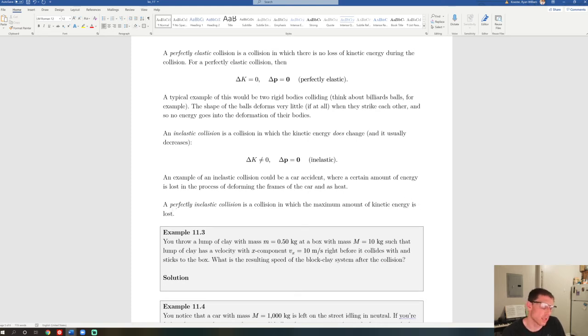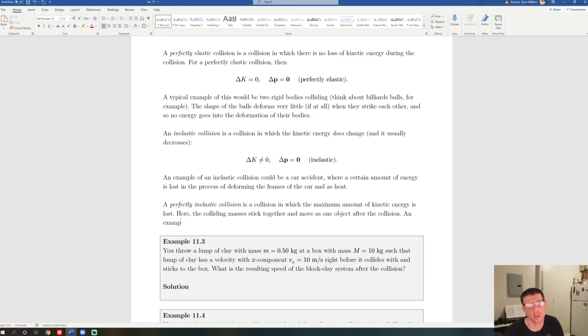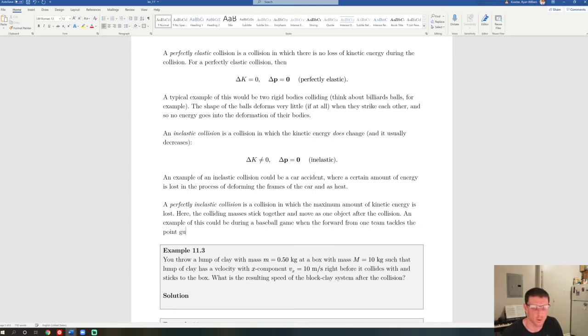And so here, the colliding masses stick together and move as one object after the collision. And for those of you who are sports fans out there, an example of this could be, I don't know, during a baseball game, when the forward from one team tackles the point guard from the other, right?